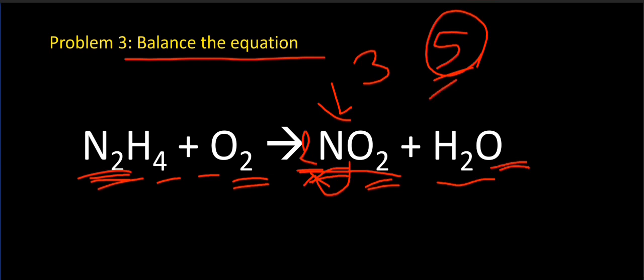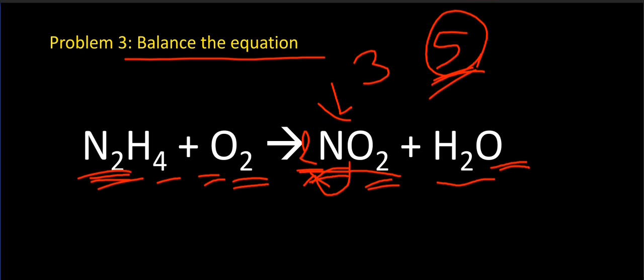And if we put 3 here, that will be 3 times 2, 6 oxygen atoms on the reactant side. That is also not equal to the number of oxygen atoms on the product side. That means we have to balance it. To balance it, we have to now skip this step, as we cannot keep a non-whole number here, 2 or 3, that is a whole number.